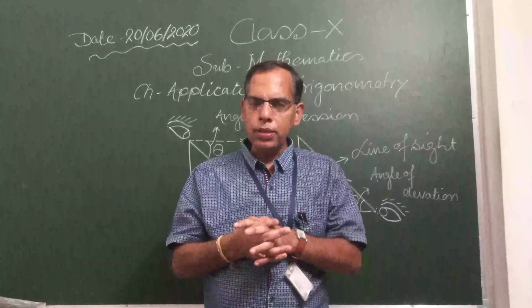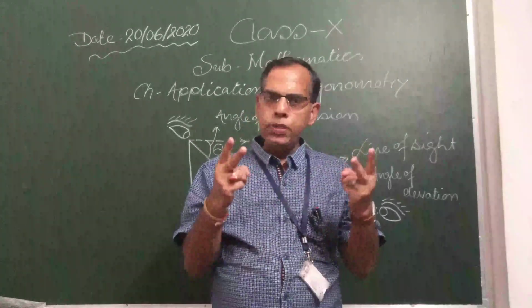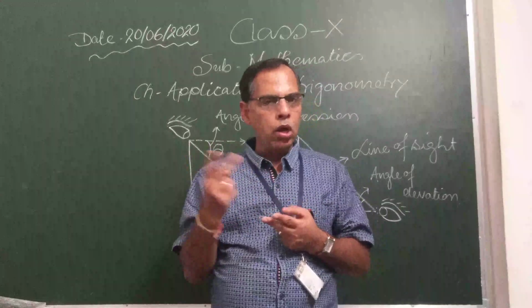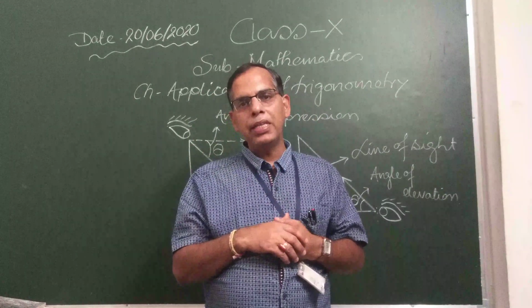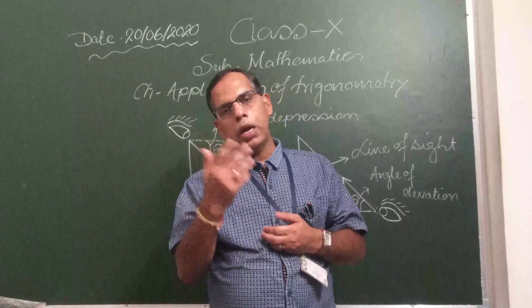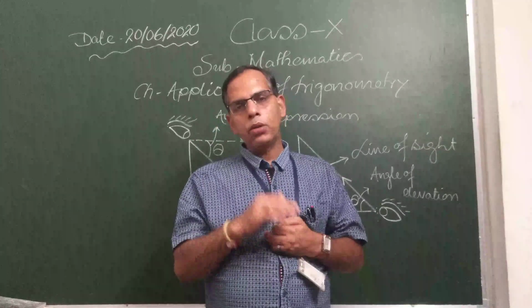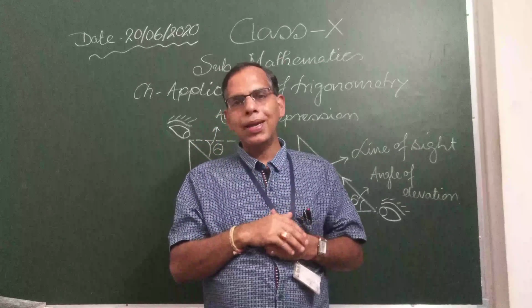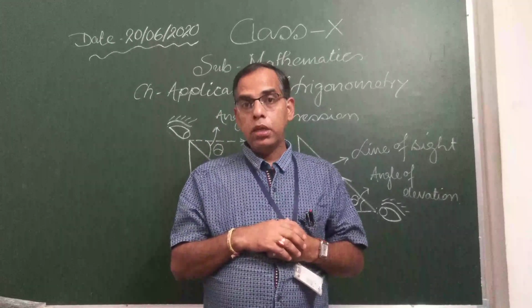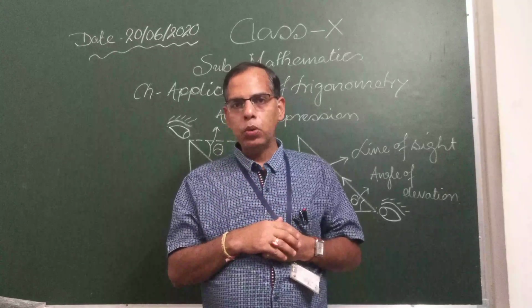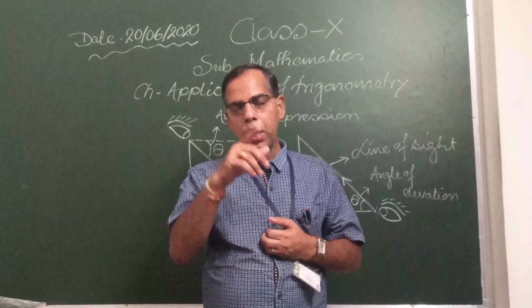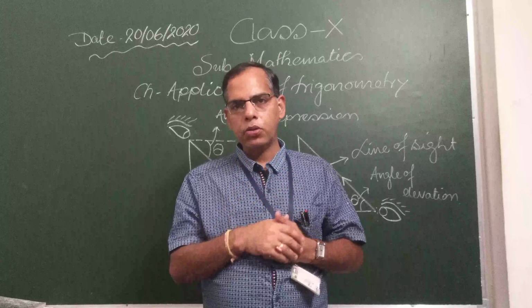So my dear student, once again, two objectives, one short-term objective and one long-term objective. The long-term objective is that, suppose you become an engineer or a scientist, when you have to launch a space shuttle, you have to calculate at what angle you have to release it. There is the application of trigonometry.